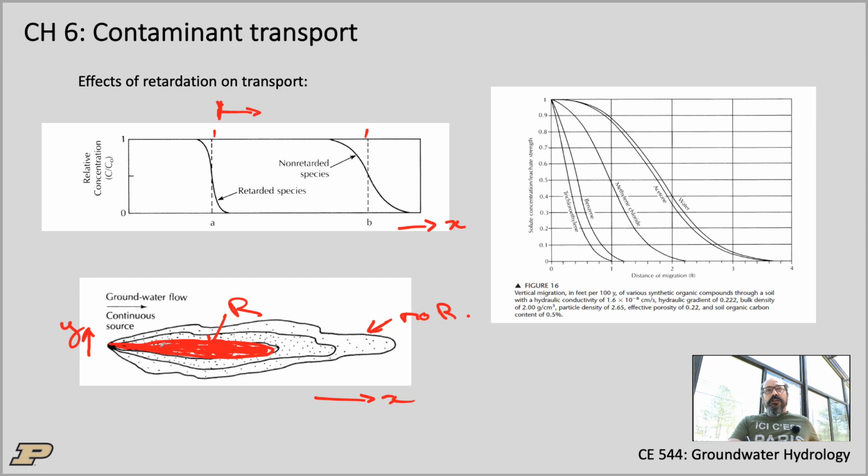So again, this is now in space, right, X and Y. So in space, you can imagine the retarded species are just less dispersed and less fast, or slower. And the less dispersed is not as intuitive as the slower motion, right? So it's less dispersed, again, because some of it is sorbed, right? So if you're a molecule and you're sorbed onto the matrix, now you can't disperse, obviously, right?